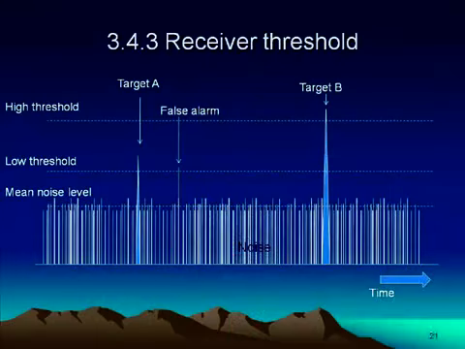We are depicting these situations. At the receiver input, we are going to keep a threshold to decide whether the incoming signal is above the noise floor of the receiver or not. If the incoming signal crosses this threshold, then we conclude that there is a target present.